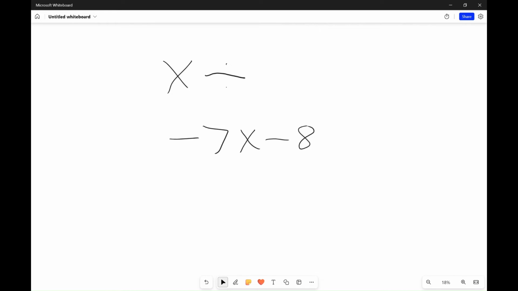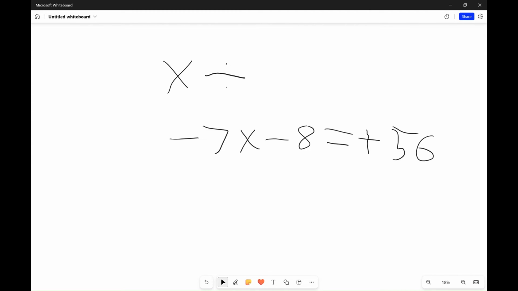A negative and a negative means addition, but in multiplication and division, it means the answer is going to be positive. So then we just do 7 times 8, and 7 times 8 is 56. So the answer will be positive 56.